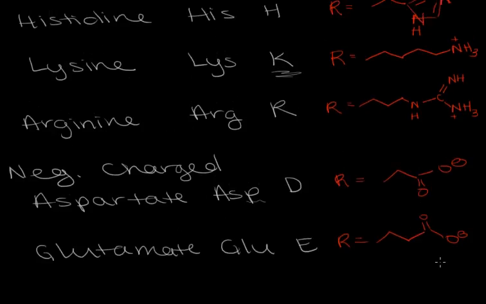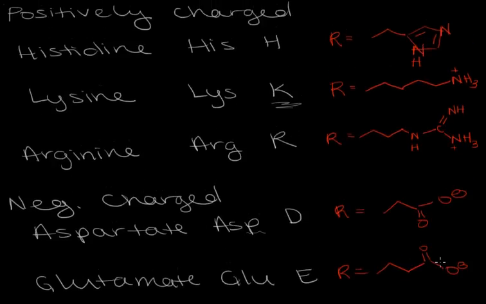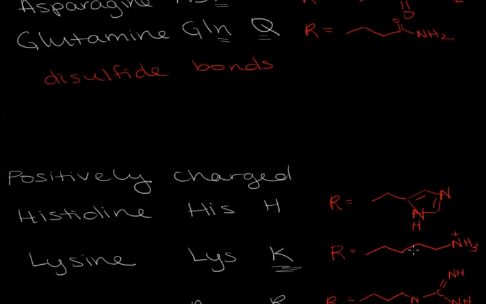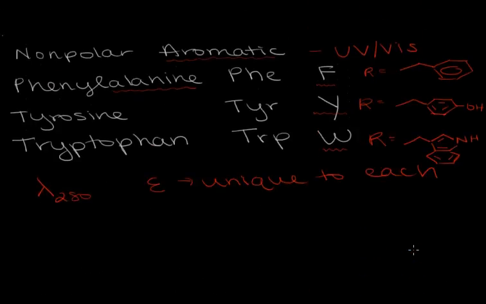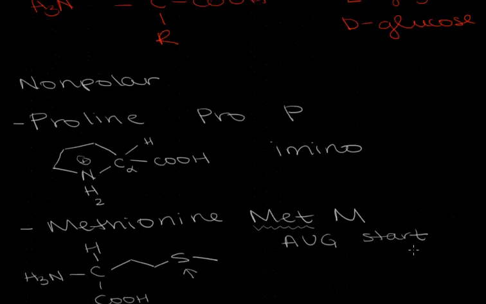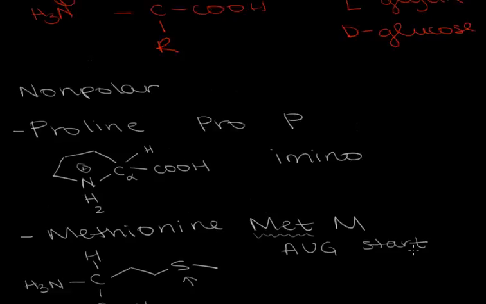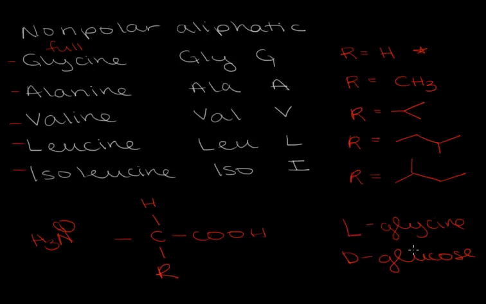Okay, so as you can imagine, based on these structures, if we stack the positively charged and the negatively charged, we have this great ionic interaction, and this is one way that proteins fold. Additionally, we can bury the hydrophobic, these nonpolar amino acids. Anything big and branchy needs to be buried away from the water, because when water molecules line up with something hydrophobic, it creates a decrease in entropy.